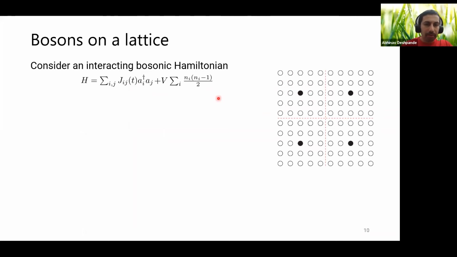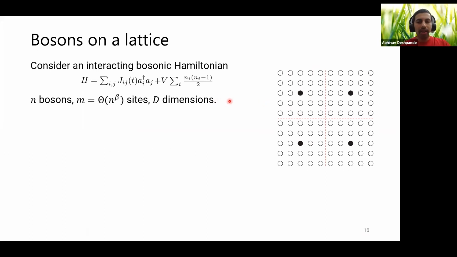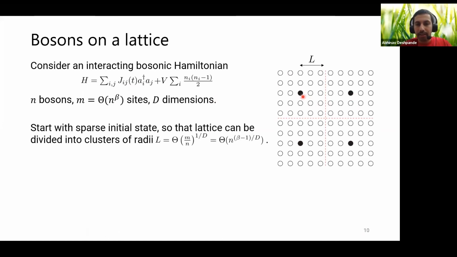Okay, so we say there are n bosons and m sites, where m scales as n to the beta. And let's say this is on a d-dimensional lattice. Further, we start off in an initial state such that these bosons are well separated throughout the lattice.